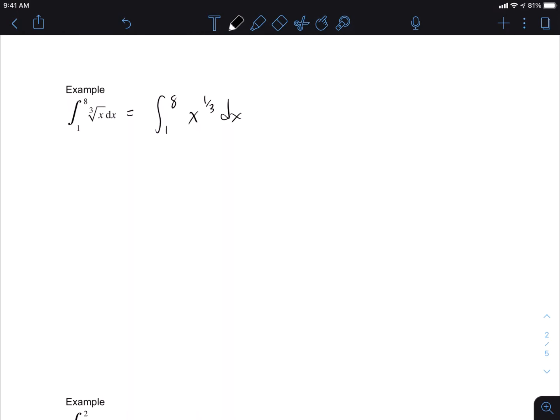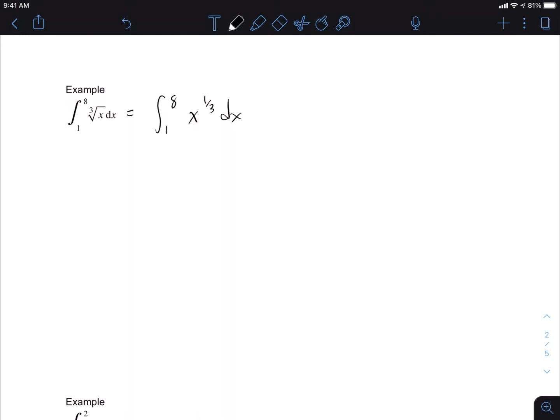Right? And from 5-2, I gave you the power rule, so you should know what the power rule is. I actually demonstrated it earlier too. So what's the power rule? X to the n plus 1 over n plus 1.